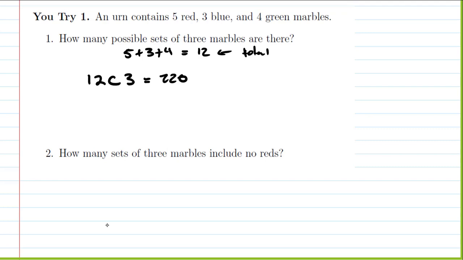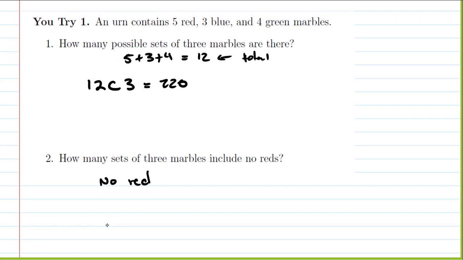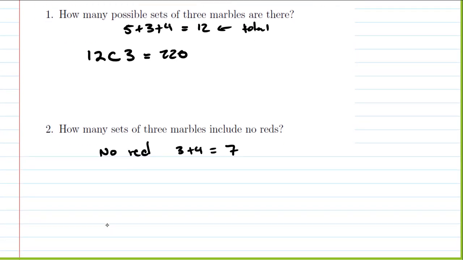So now for part 2, how many sets of 3 marbles include no red? Well, how many marbles do we have if we have no red? So no red is 3 plus 4, which is 7. And from this now, we want to select from those 7 marbles 3, right? So we're going to have 7 choose 12.